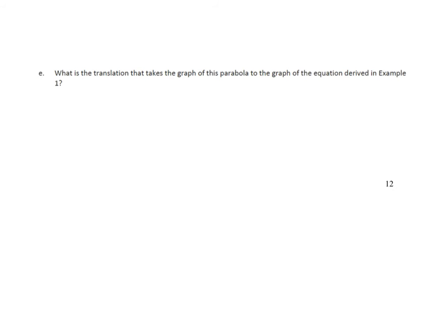If I rewrite the two equations, in example 1 our equation was y equals 1/4 x squared plus 1, and that was just from the last video. The equation that we just derived now was y equals 1/4 x squared plus 3.